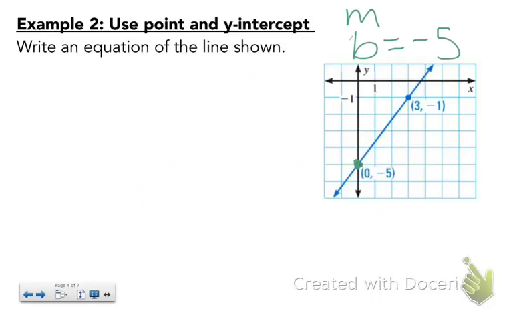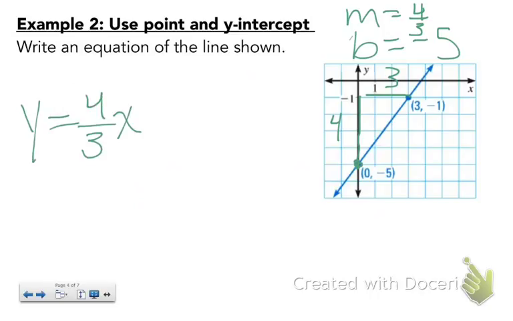Then to find the slope, we're going to look at the 2 points and count rise over run. So up 1, 2, 3, 4, and to the right 1, 2, 3. So that has a slope of +4/3.